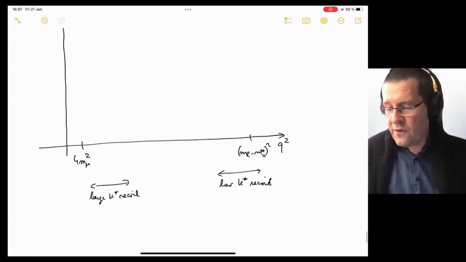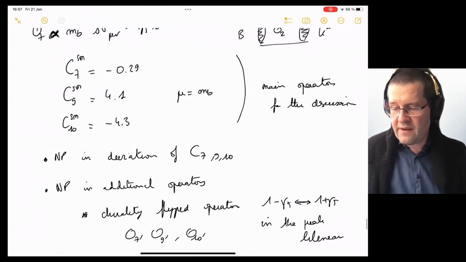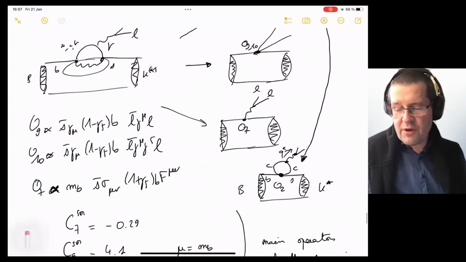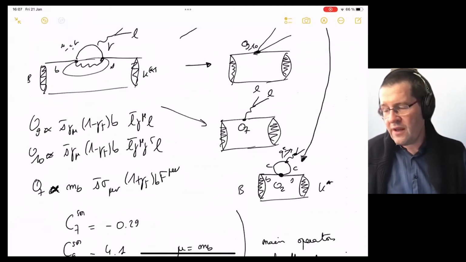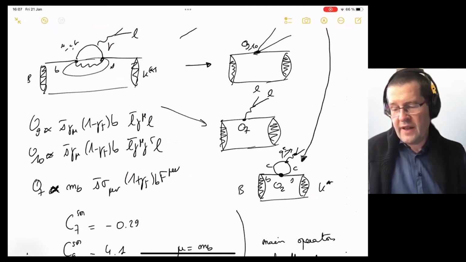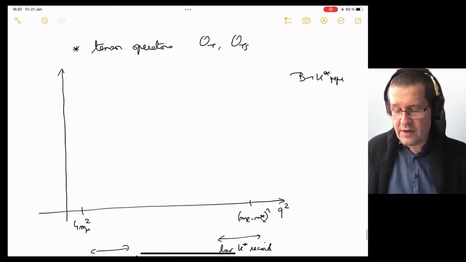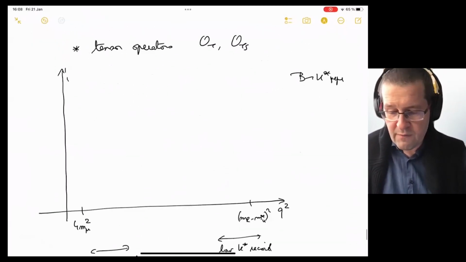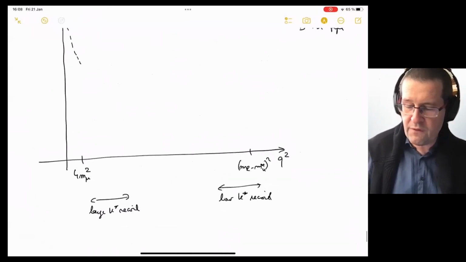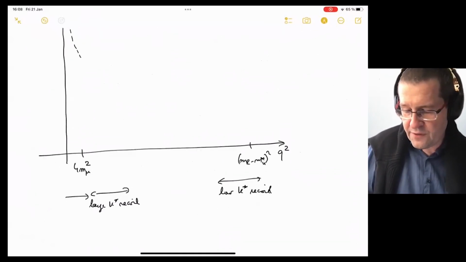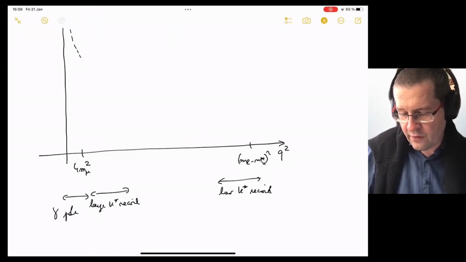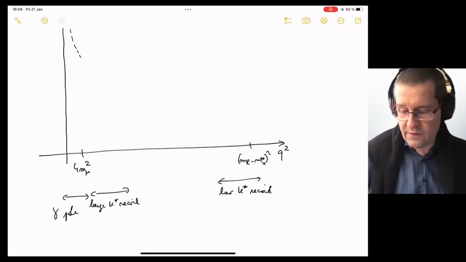When you're going at Q square very small, then you start being very much sensitive to the case where you do have the lepton coupling to an almost real photon. So that means that you will expect that at very low Q square, you have something that corresponds to the photon pole, or the proximity of the photon pole, let's say.